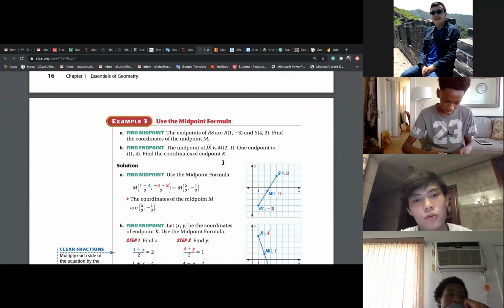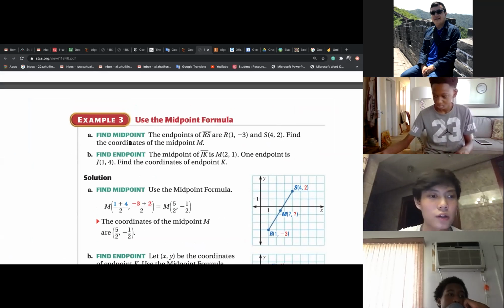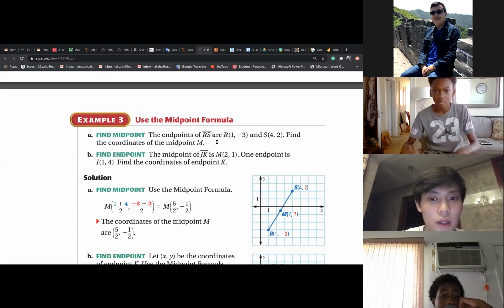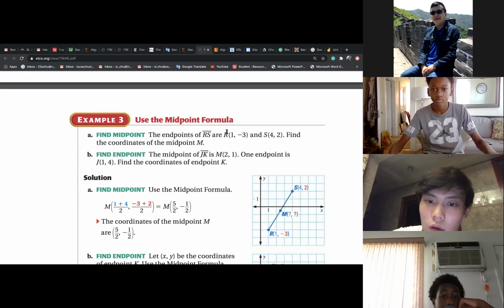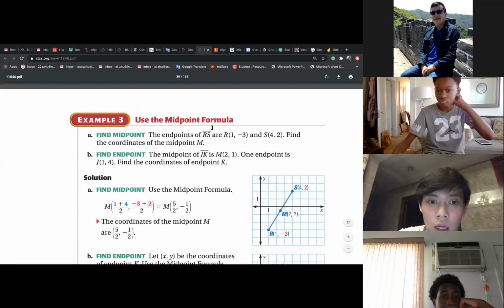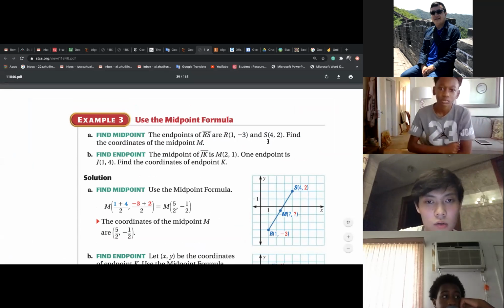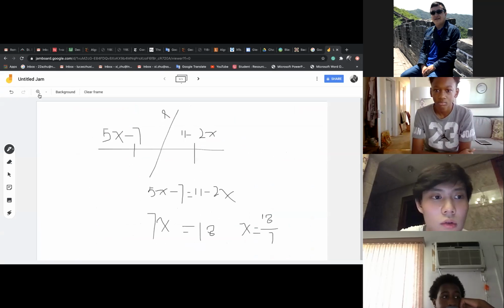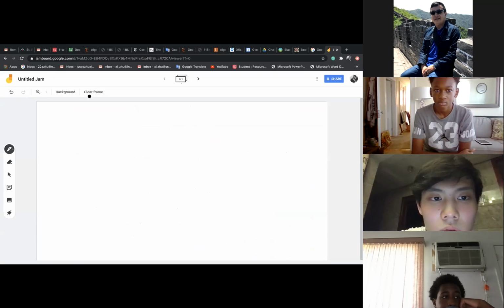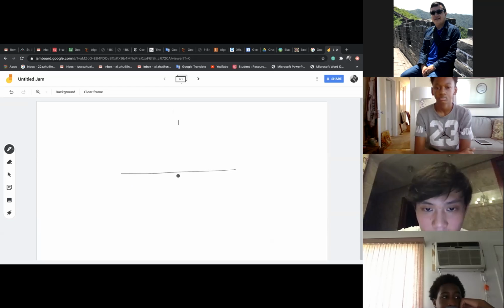We can try to solve this one. Try to solve the first one using the midpoint formula. Here, it gives you a line called RS with endpoints. Let's write it down. Here's the x coordinate.